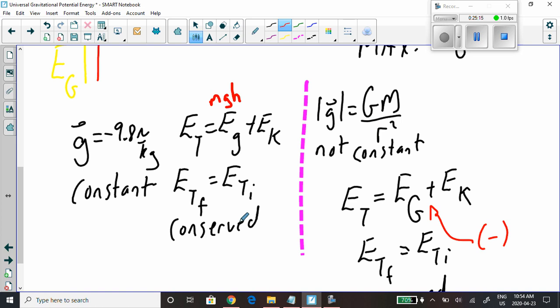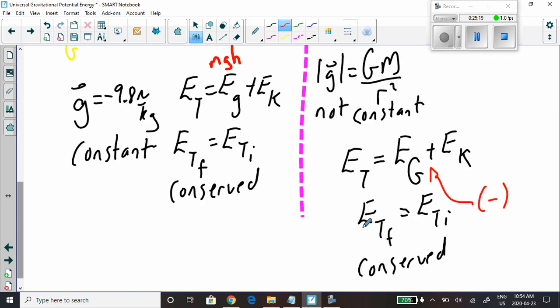But we still want to use the law of conservation of energy. This is still true. The law of conservation is still true, but E_G is now different. It's negative G, mass of one object, mass of the other object, all over r. So we still want to use the law of conservation of energy, but we want to use it with this new expression, which is negative.